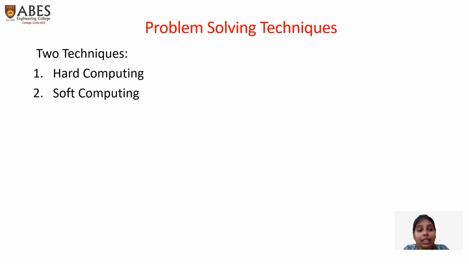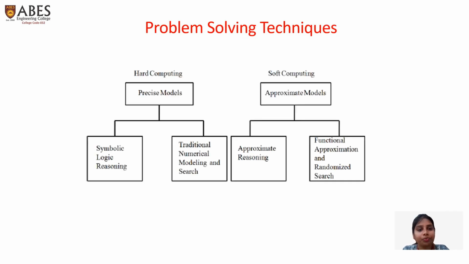And it is basically used for complex problems, which are non-linear problems. There soft computing is used. So this is the flow chart which can explain hard computing and soft computing in detail. Here we can see that hard computing basically deals with precise models, or it uses some traditional numerical modeling or calculations and search.